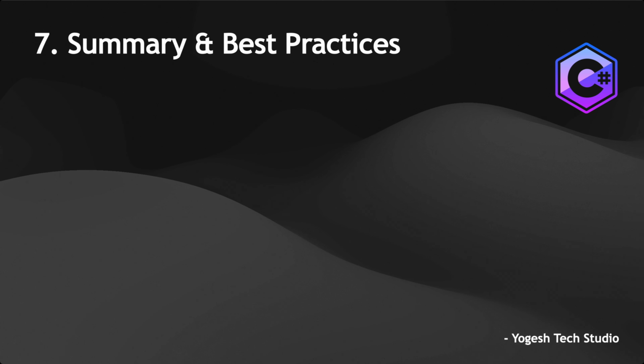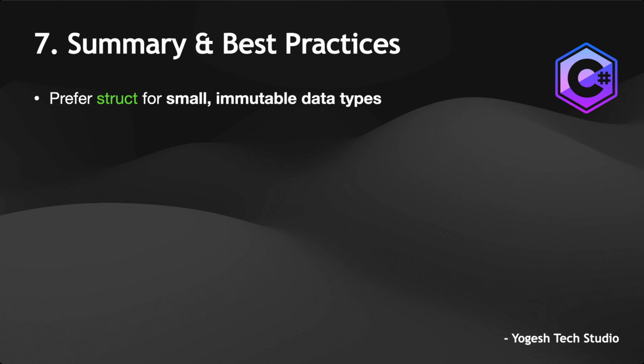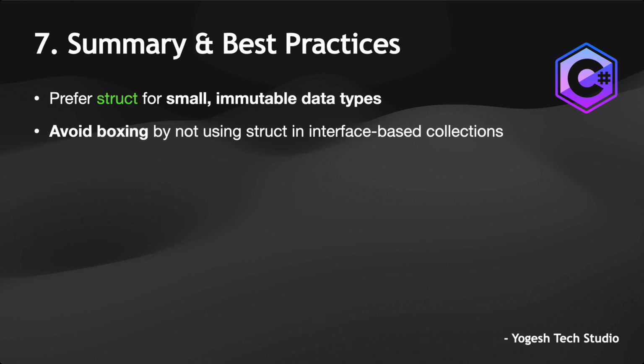Okay, quick best practices here. Prefer struct for small immutable data types, as I told you. Use it wherever you require small memory or a small function, like the few mathematical calculations I showed you. Avoid boxing by not using structs in interface-based collections.